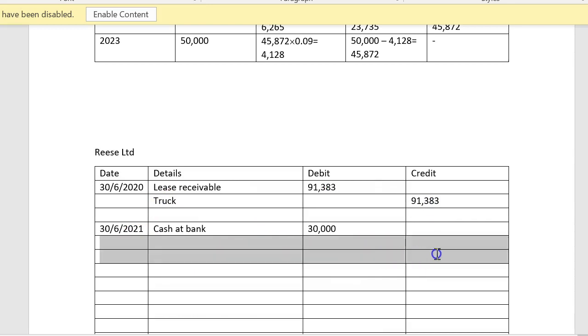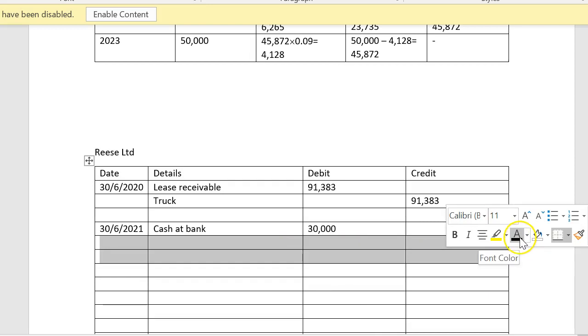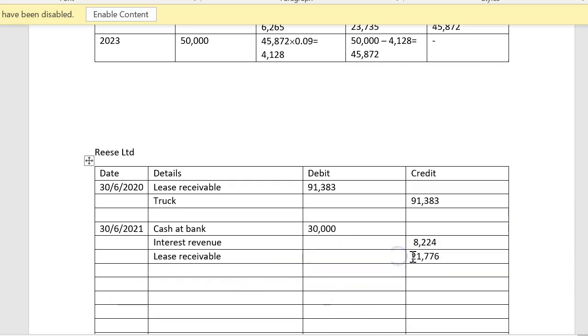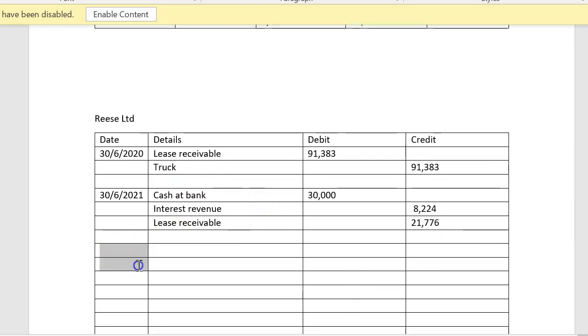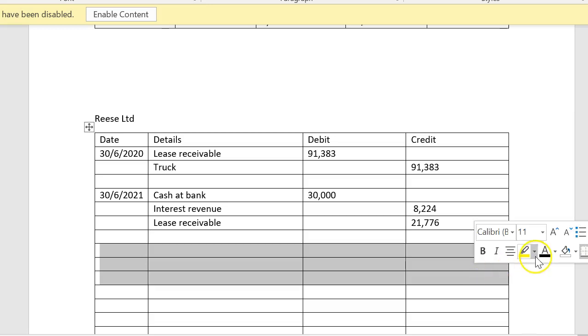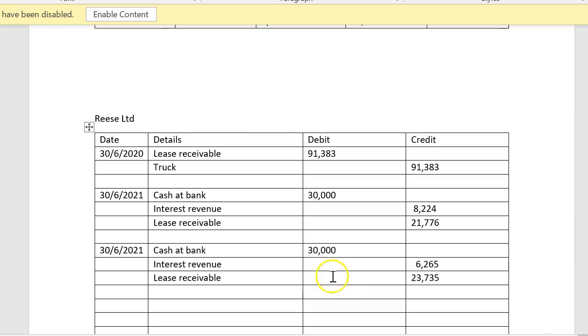Okay, next year, 30th of June 2021, lessor receives interest and lease receivable is reduced by 21,776. For the year ended 30th of June 2022, this is what you have. You debit cash at bank 30, credit interest revenue 6,265, credit lease receivable 23,735.